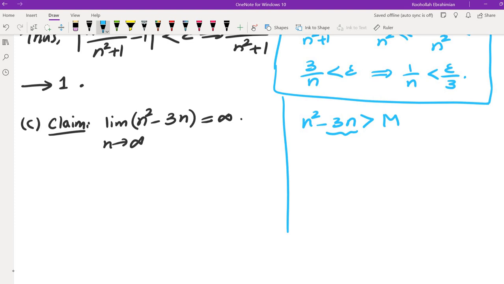I cannot drop that, because if I drop that I get something larger. But if you factor n, you kind of see what we need to do. Make this one large and make this one large as well.